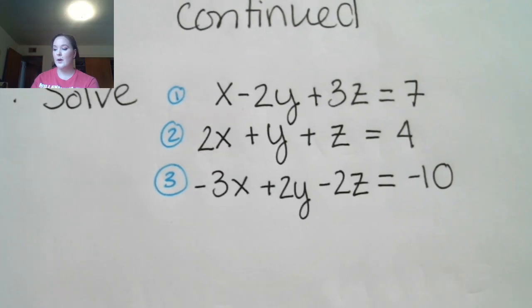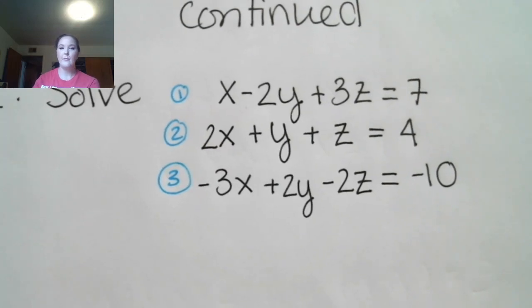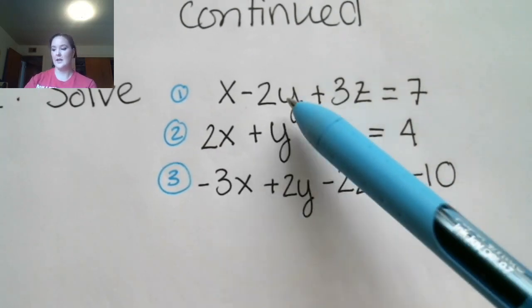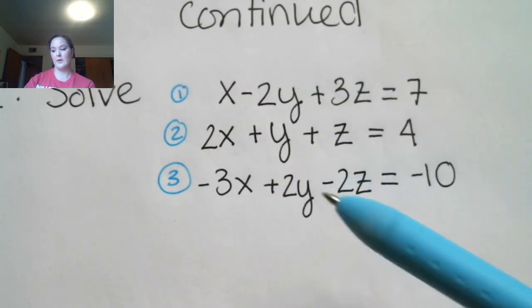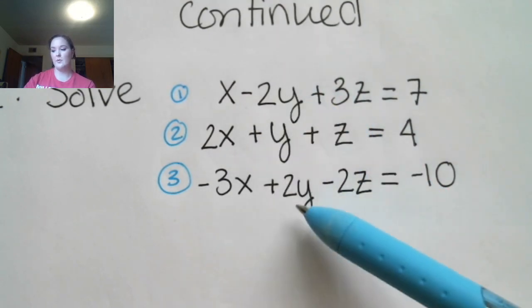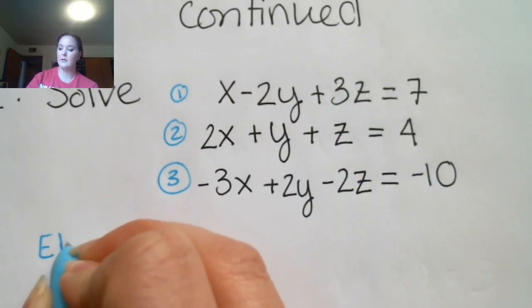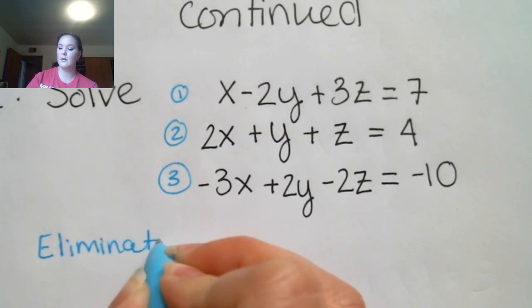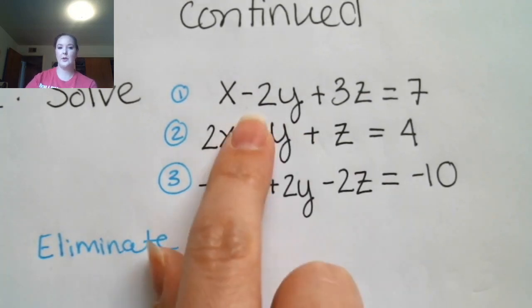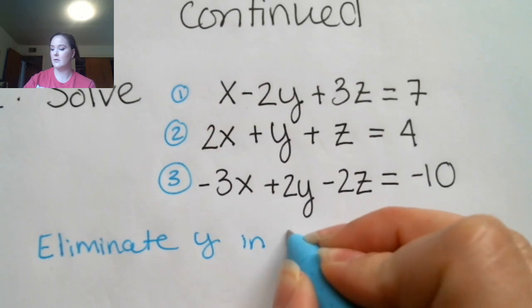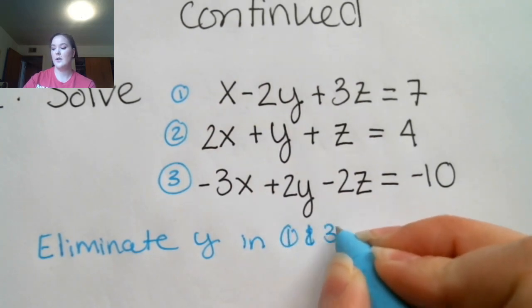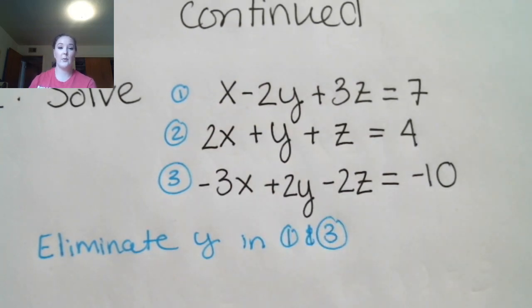Okay, so while I'm looking at this, what stands out to me is that in the first equation and the last equation, I have negative 2y and positive 2y. Okay, so I'm going to choose to eliminate y, and I'm going to do it in those two equations. Okay, so remember, you're just choosing them by what's going to be the most efficient, the easiest.